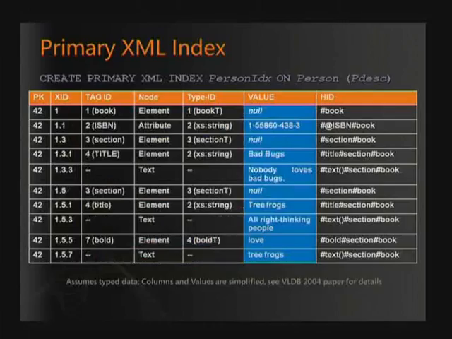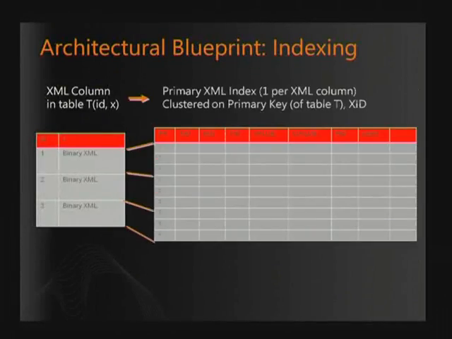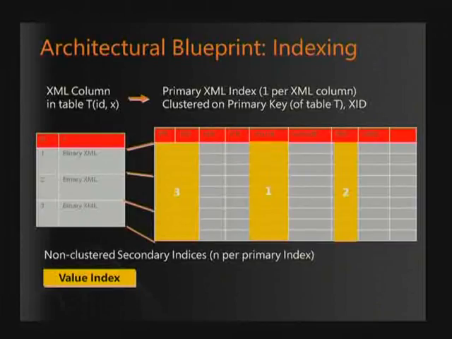The last column, again, is the HID. So you see, basically, this is almost the same schema that the table valued function generates for the node table, except that we have the primary key associated with it. So now if we create the primary key, and we create our non-clustered secondary indices, the value index basically takes the value column and the HID and the primary key and can very easily answer queries about values or values and paths.